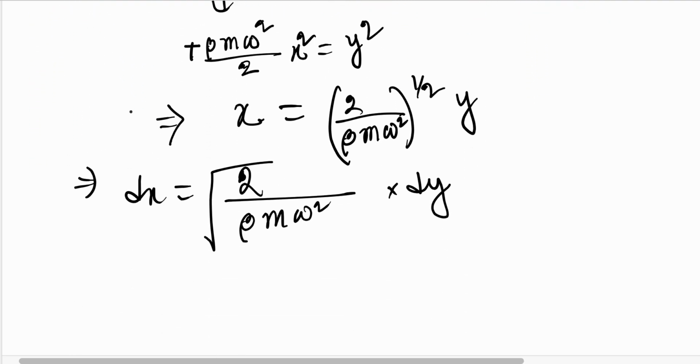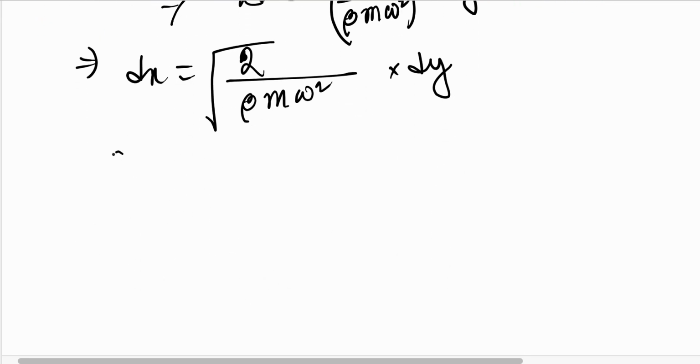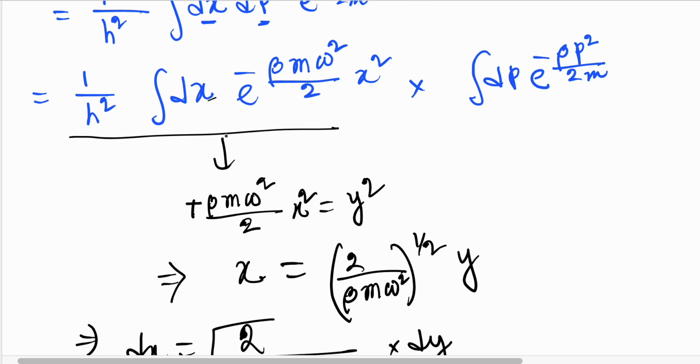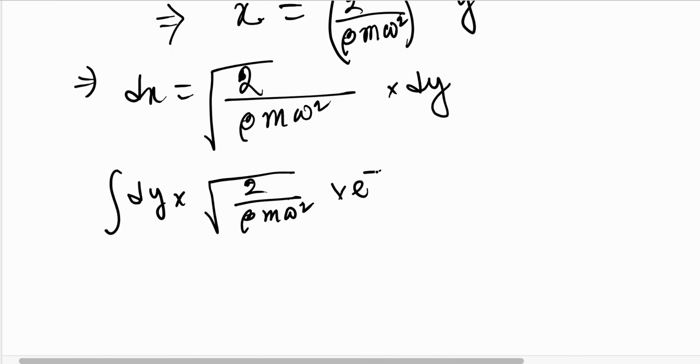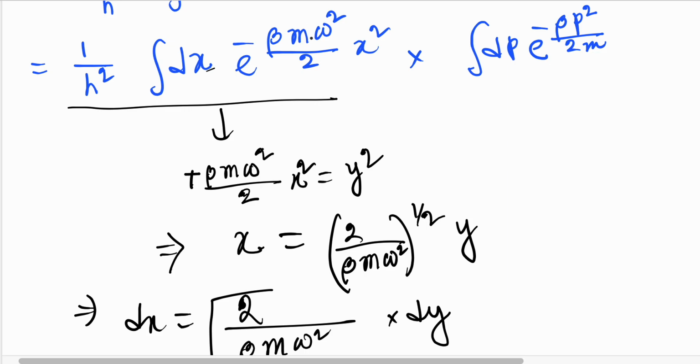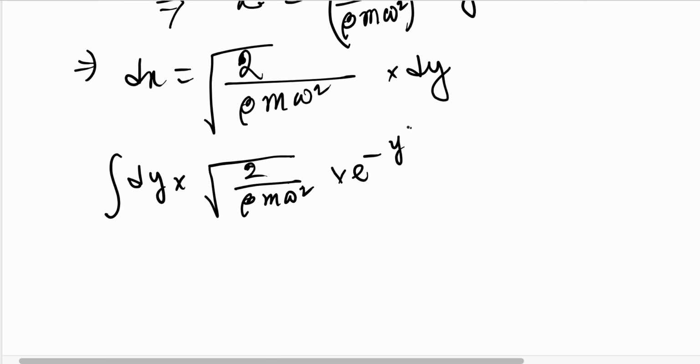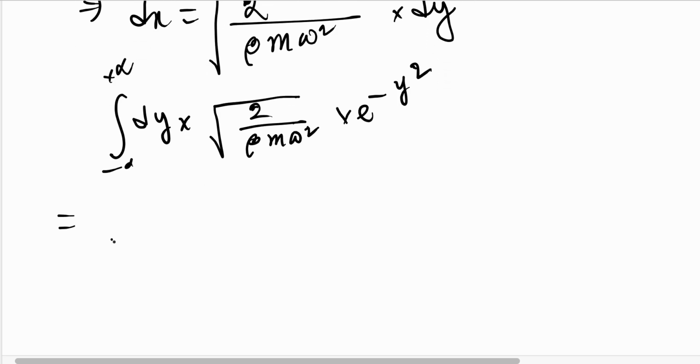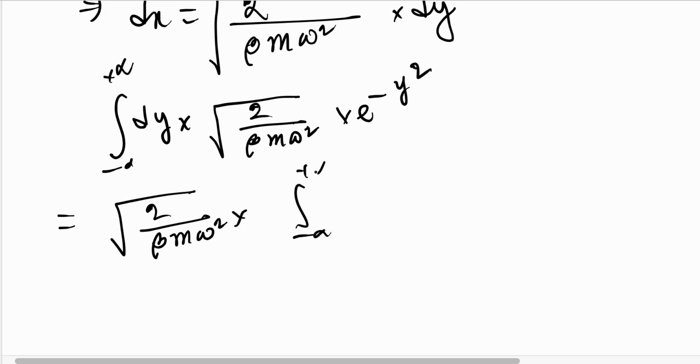Putting it here, the integration becomes root of 2 by beta m omega square, integral from minus infinity to plus infinity dy e to the power minus y square.